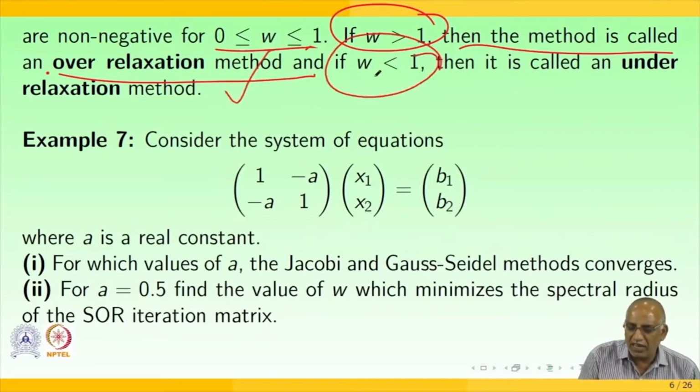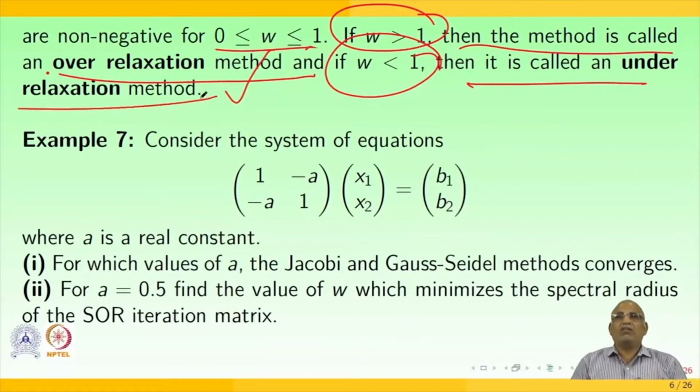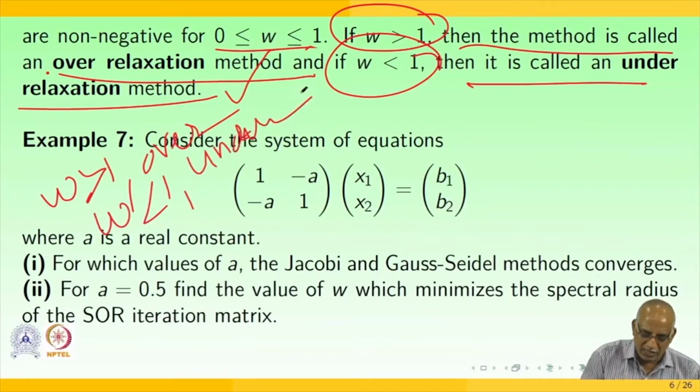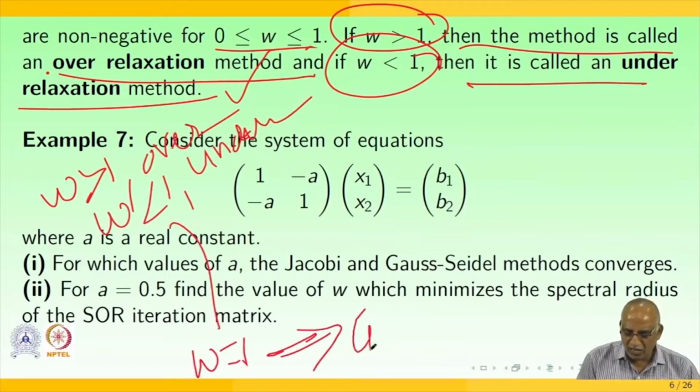When w is less than 1, it is called the under relaxation method. So when w is greater than 1, it is over relaxation. When w is less than 1, under relaxation, and w is equal to 1, it turns out to be Gauss-Seidel.